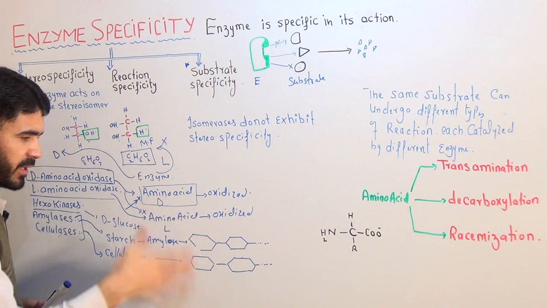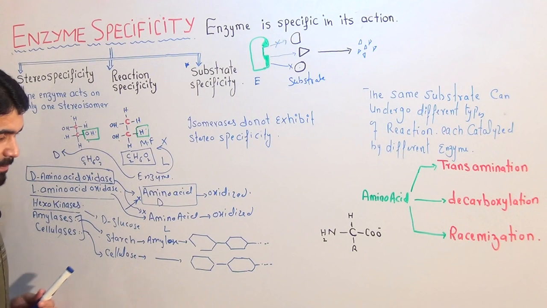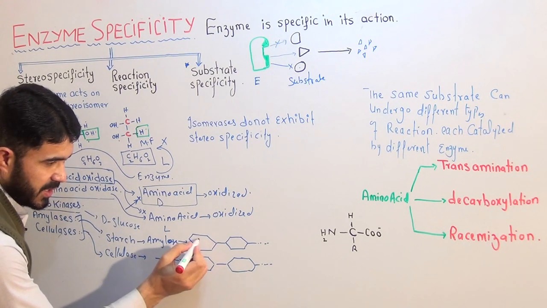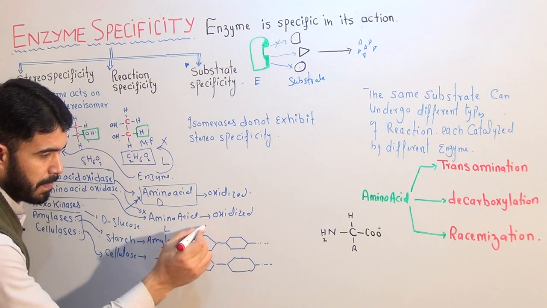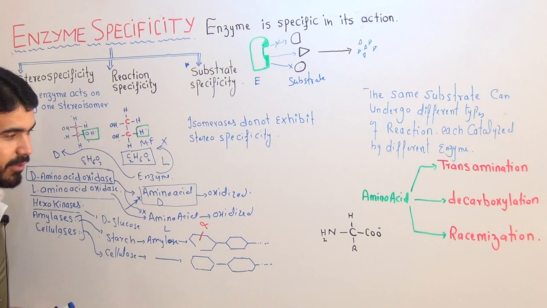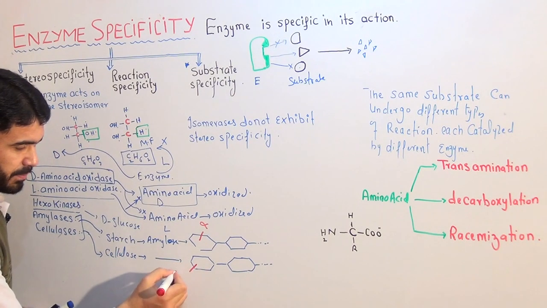Of course, some have many branches, others have fewer branches. But the main difference is that in starch, the glucose that we are using is alpha glucose, but in cellulose, the glucose which you are using is beta.